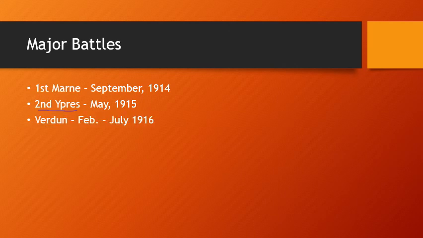Another significant battle, one of the longest battles of the war, was the Battle of Verdun. This lasts from February to July 1916, so right about in the middle of the war. In the Battle of Verdun, there were about 984,000 casualties, a little bit less than a million.